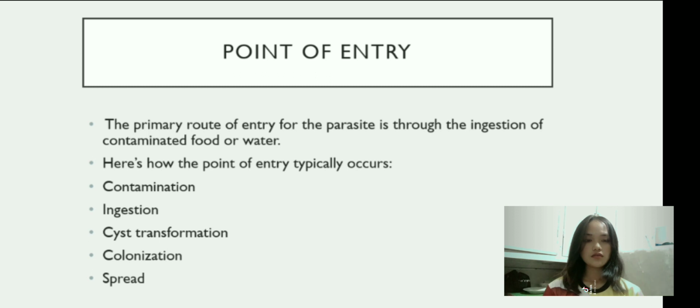The trophozoites can then spread within the intestine, causing inflammation, ulceration, and symptoms such as diarrhea, abdominal pain, and bloody stools. It is very important to note that not everyone infected with Entamoeba histolytica develops symptoms. Some individuals may carry the parasite without showing any signs of illness, while others may experience severe symptoms.